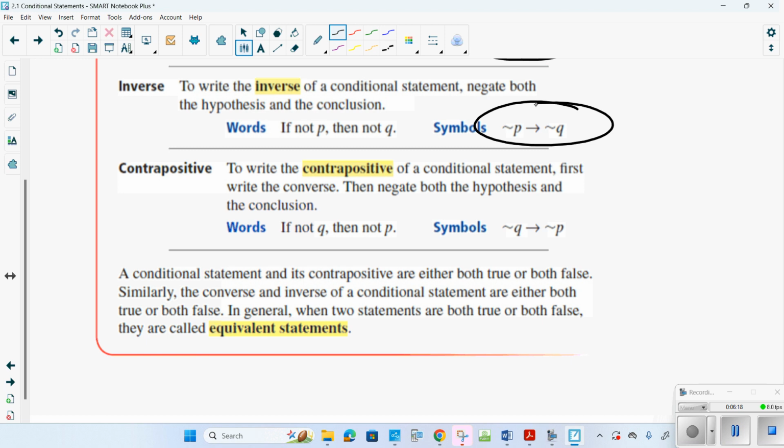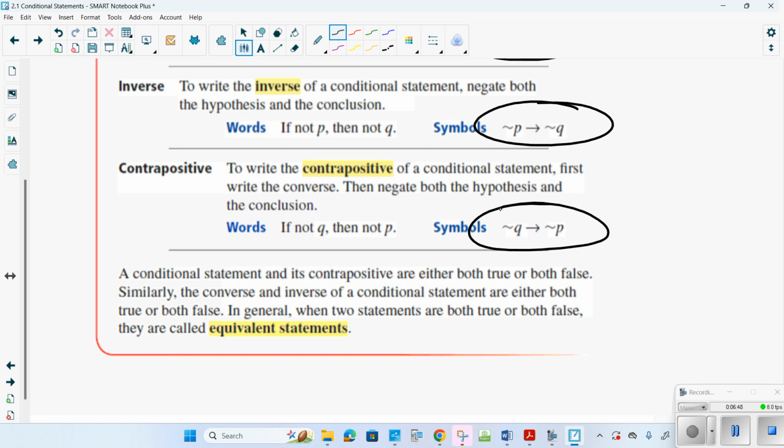And then the contrapositive. The contrapositive is not for the conclusion and not for the hypothesis. A conditional statement and its contrapositive are either both true or both false. Similarly, the converse and the inverse. So basically, if you have a conditional statement that's true, the contrapositive will be true.